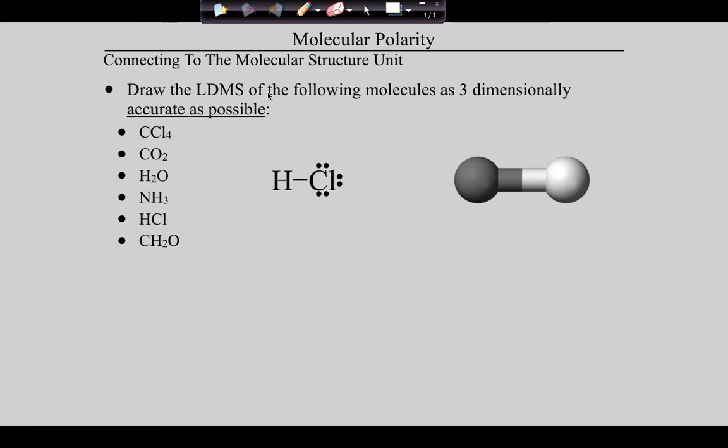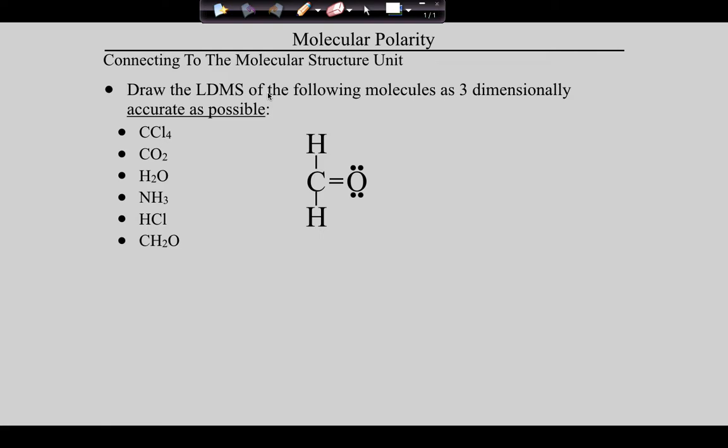So then, guys, we've got one more to go. This one's interesting. This we haven't done before. So guys, CH2O, it was on the test. It looks like this. But we've got 3 domains on the central carbon, so the domain geometry is trigonal planar.